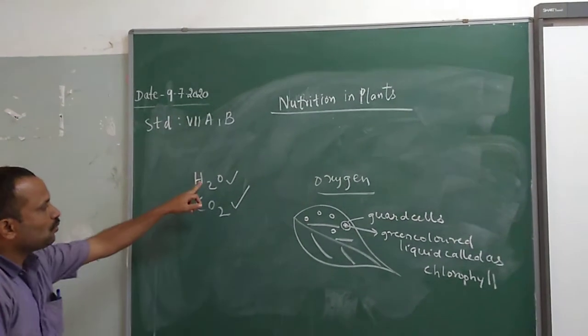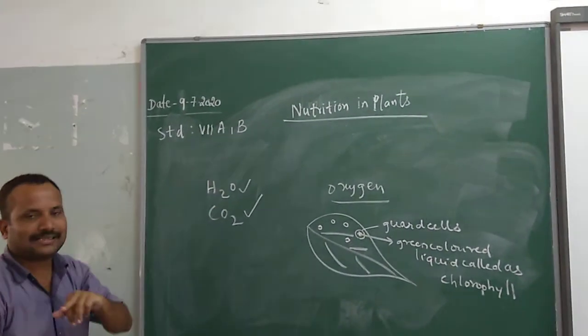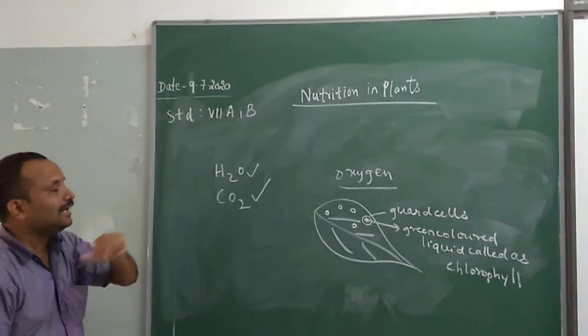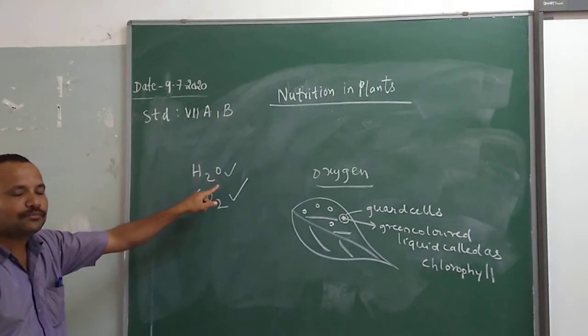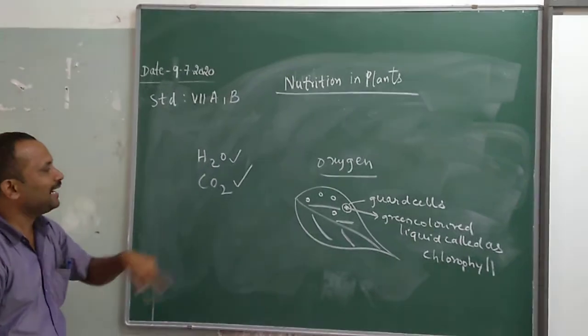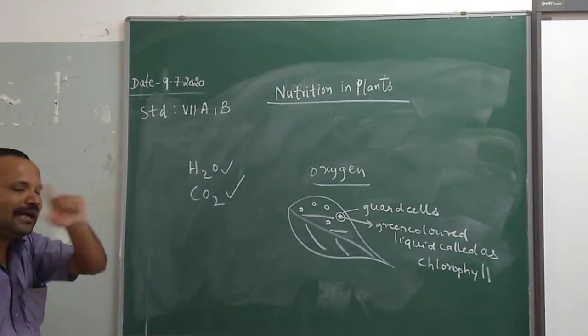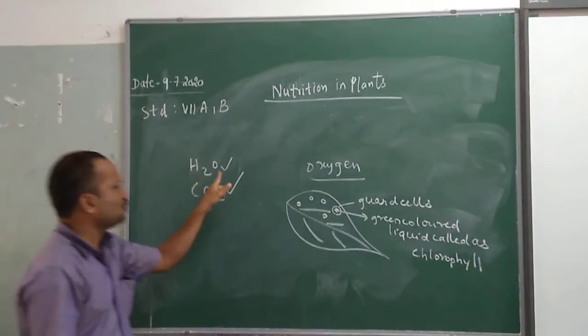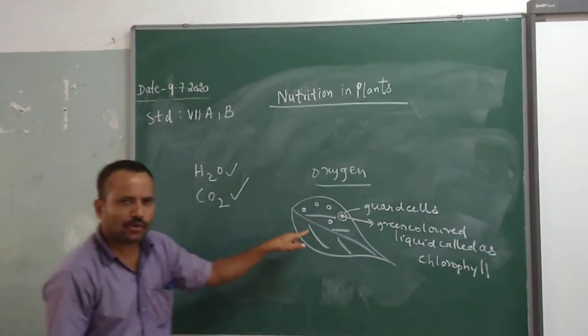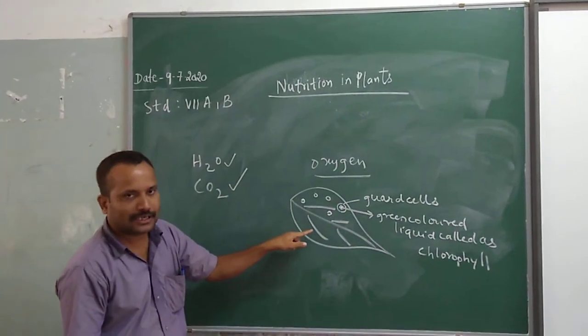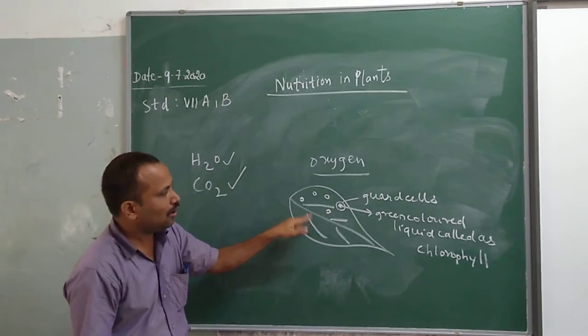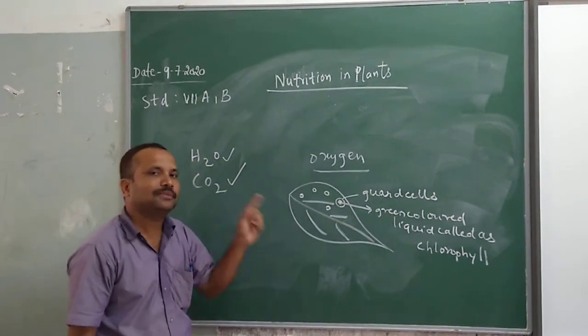We get this water, in which minerals and nutrients are mixed, from the roots of the plant. Carbon dioxide is absorbed from the atmosphere. Altogether, this water and carbon dioxide get stored in the leaves along with the chlorophyll, which can absorb the sunlight.